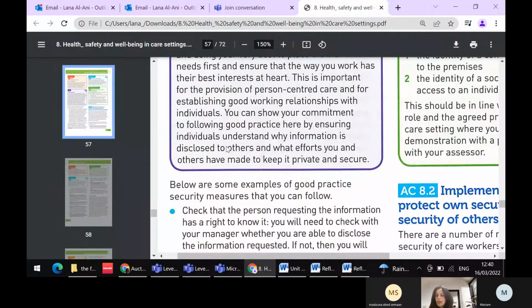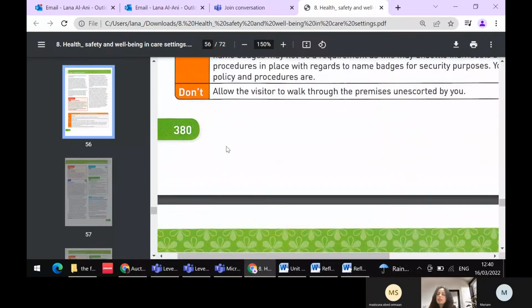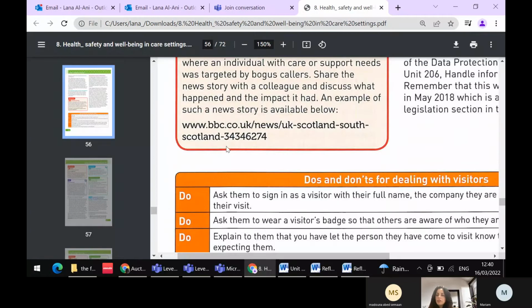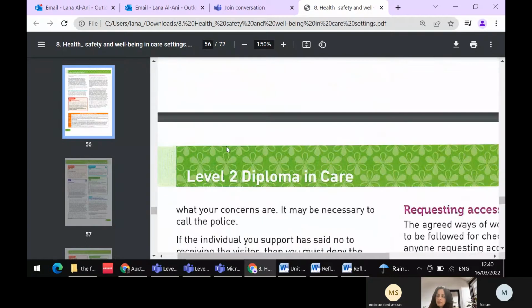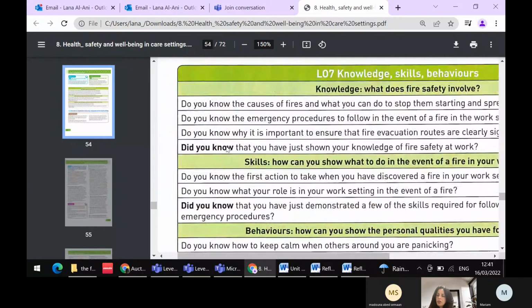So we need to wash our hands as soon as we enter the place, as soon as we handle someone's body fluid, I need to wash my hands. And as soon as I feed someone, the client as well. Very good. Any other things you can think of?